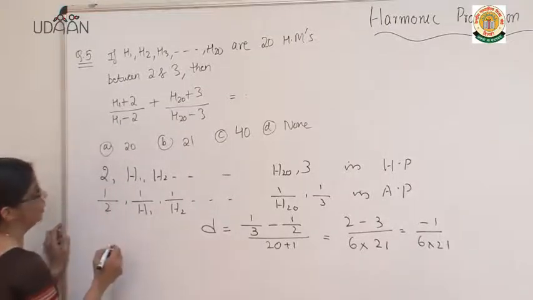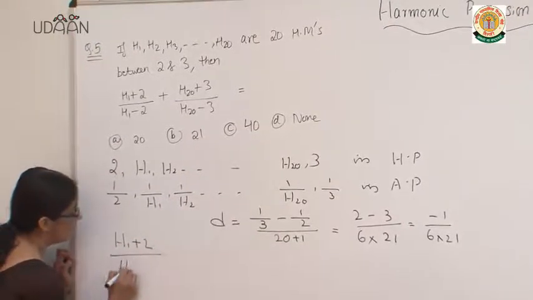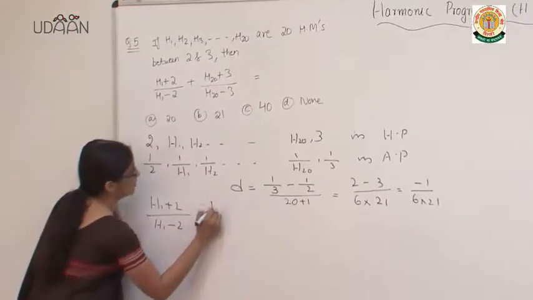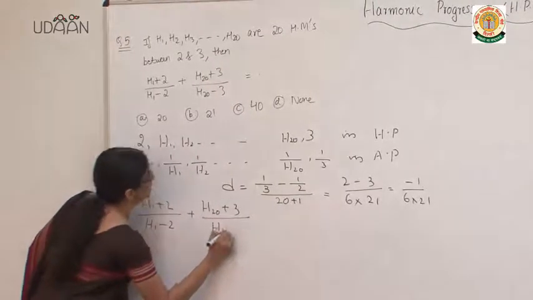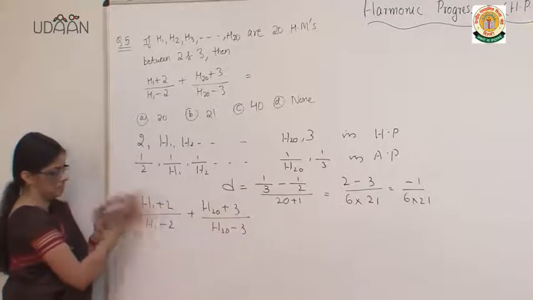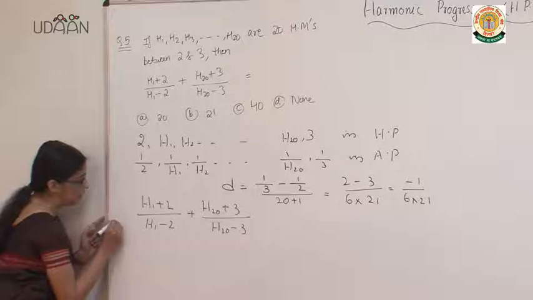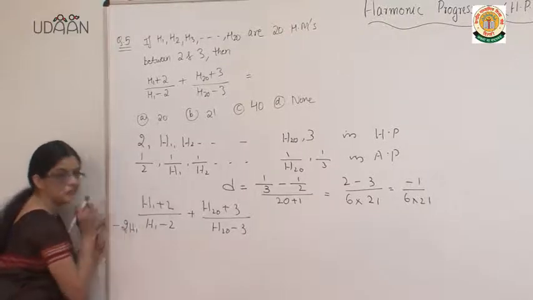We have to calculate the value of H1 plus 2 divided by H1 minus 2, plus H20 plus 3 divided by H20 minus 3. What I am going to do is, for the first term, I am going to divide numerator and denominator by twice of H1, only the first term.